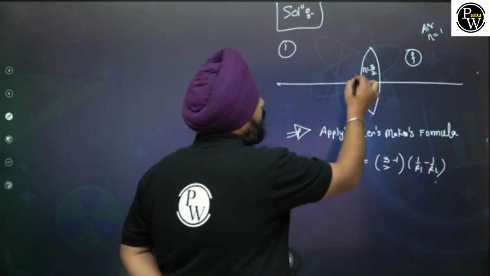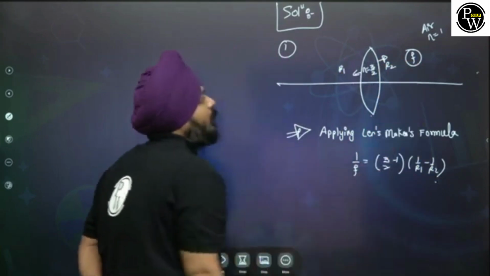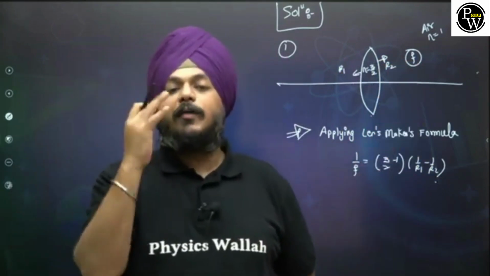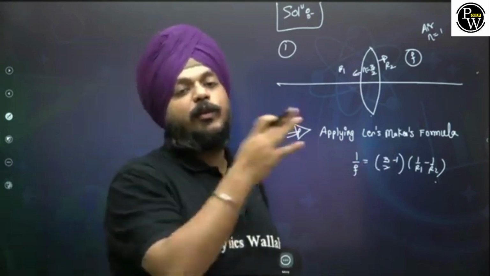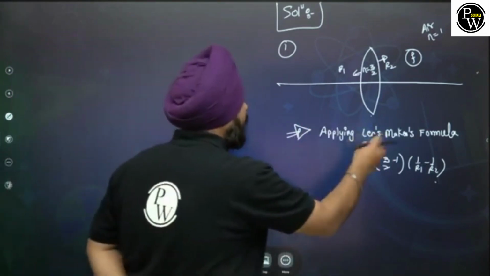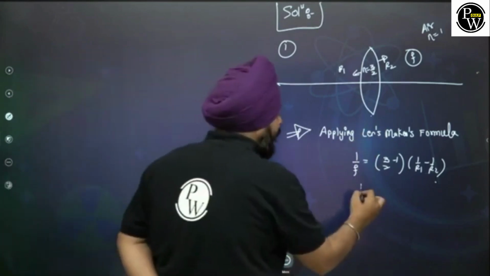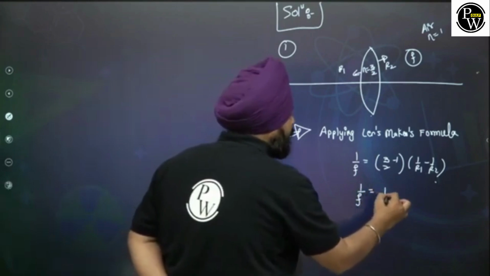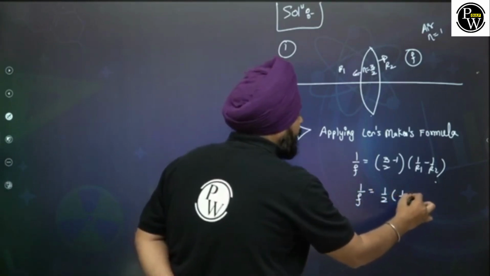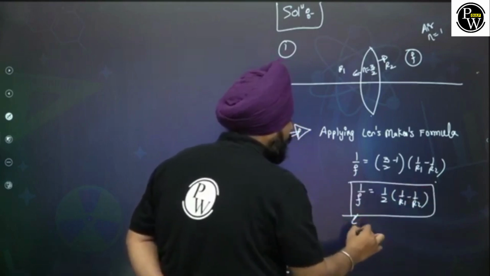Mark my words, on this side the curvature is r1, on this side the curvature is r2. But in the question, the r1 and r2 values are missing, so we are just going to denote them. So 1 by f is 1 by 2 times (1 by r1 minus 1 by r2). Can I consider this as equation number 1?